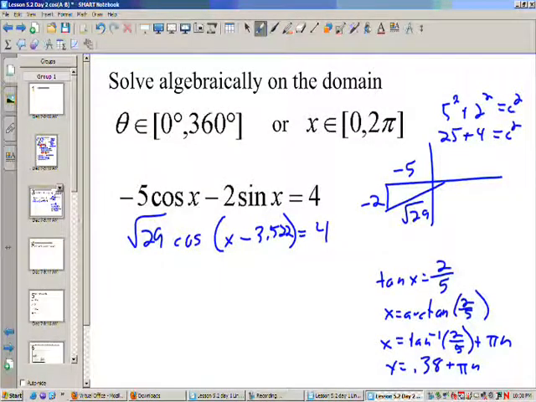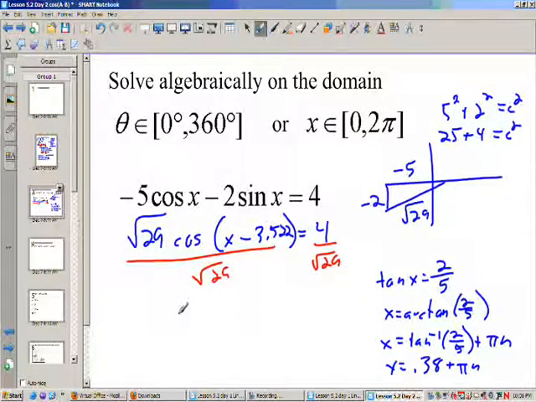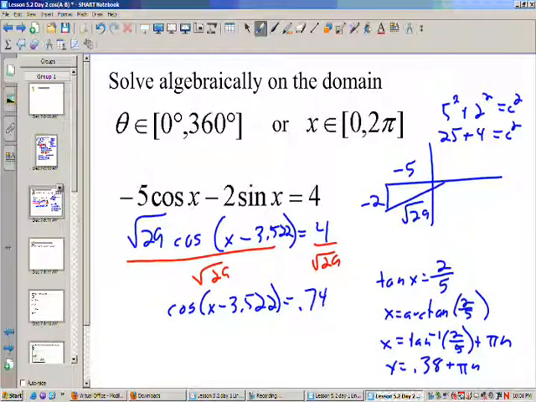Alright, now we just have to do the algebra to figure out the values of x between 0 and 2 pi. First thing I do is divide by root 29. So I'll have cosine of x minus 3.522 is equal to 4 divided by square root of 29, and that's 0.7428.